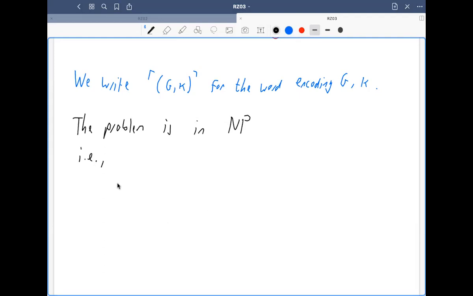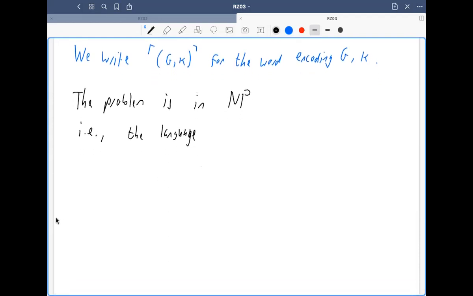So the language consisting of all input words in which the graph G together with K does have an independent set of the size K.